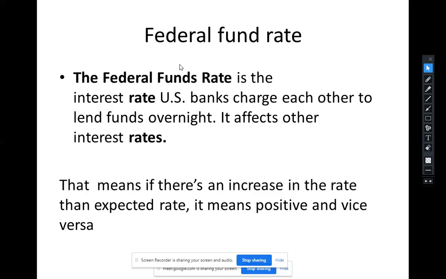That is why when you are trading this USD currency, you must be careful about it, because when the Fed fund rate of this currency is out, it might also affect other currency interest rates. Okay, so that means if there's an increase in the interest rate higher than the expected rate, it means positive, and vice versa.